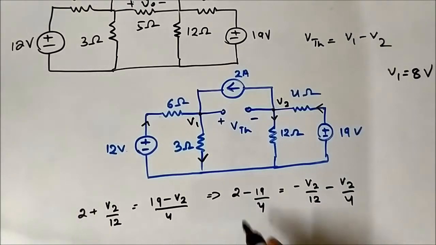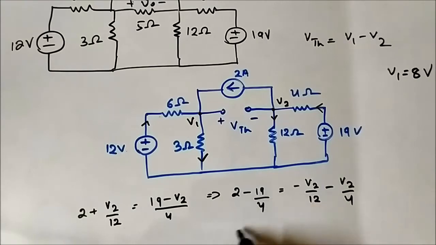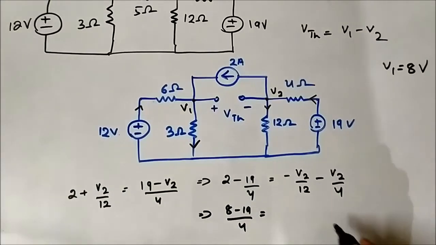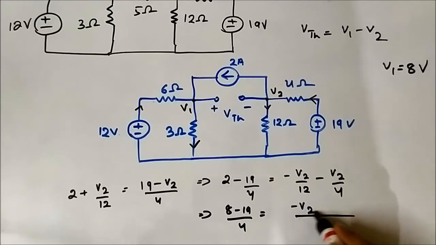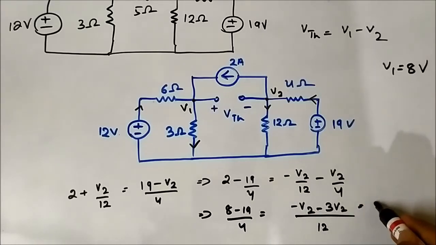So 2 minus 19 by 4 is 8 minus 19 by 4, equals, here the LCM is 12, minus V2 minus 3 V2, which is equal to 4 V2 by 12.